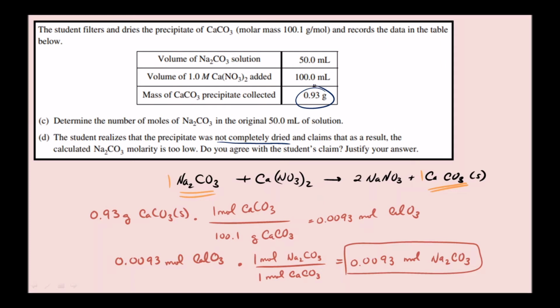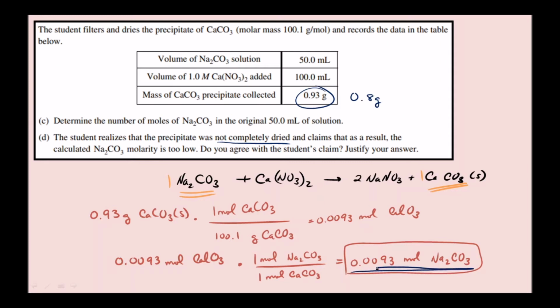For example, let's say that instead of 0.93, it's actually 0.8 grams of calcium carbonate. So if we had used a smaller value, like 0.8 grams in part C, then the number of moles of sodium carbonate would decrease. So the actual molarity would be lower than the calculated molarity.